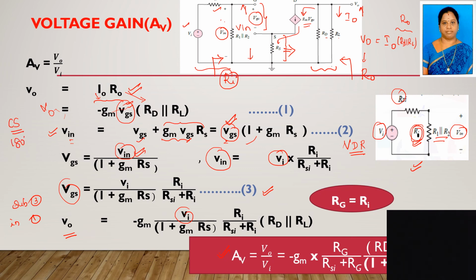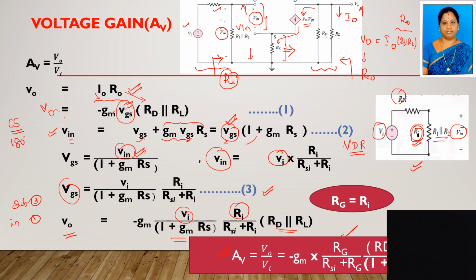That is indicated by this negative sign. So minus Gm, with Ri replaced by Rg by Rsi plus Rg, into 1 plus Gm into Rs, and in the numerator we have Rd parallel to R. Clear everybody?